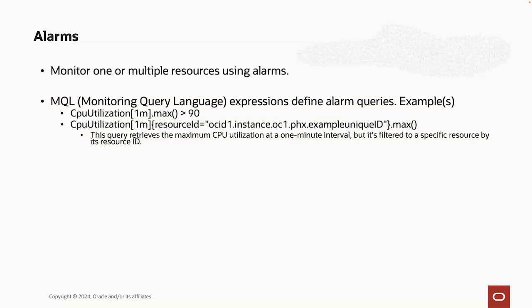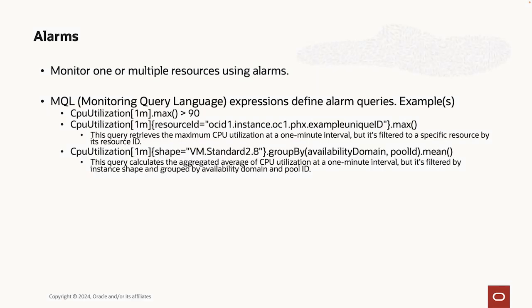I could refine it further by saying that I want it to be checked only against this resource ID, or only about this VM shape, grouped in this availability domain. And if there's a pool ID associated with it, I want to group them together and monitor them. So this is how we could build advanced queries. To further refine it, we could add a lot more dimensions to it.